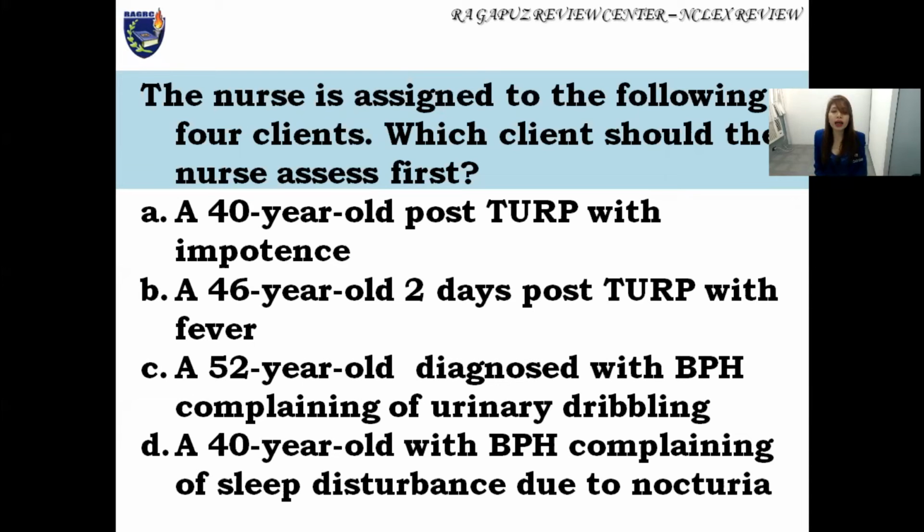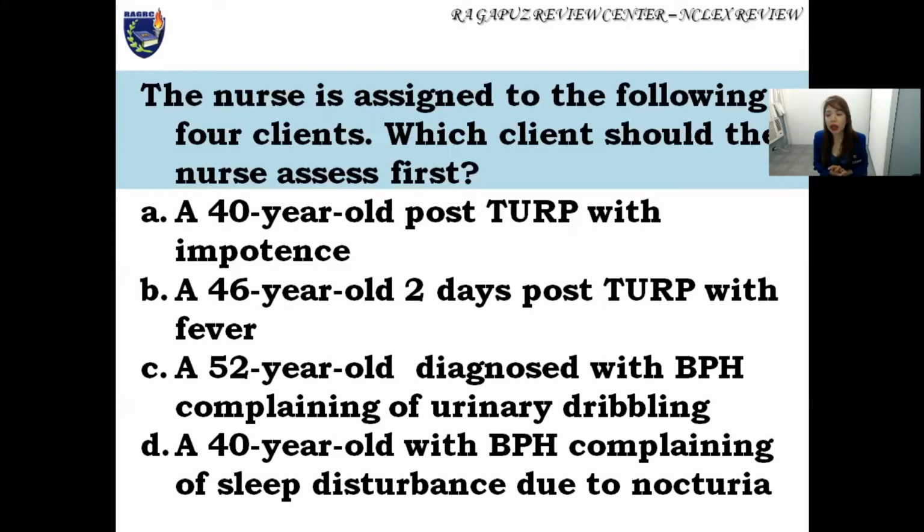Okay. In this question, we can eliminate C and D. So why can we eliminate C and D? Because in clients with benign prostatic hypertrophy or benign prostatic hyperplasia, it is expected that the client presents with urinary bleeding, incomplete bladder emptying.